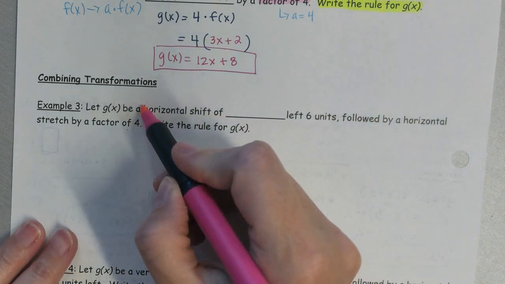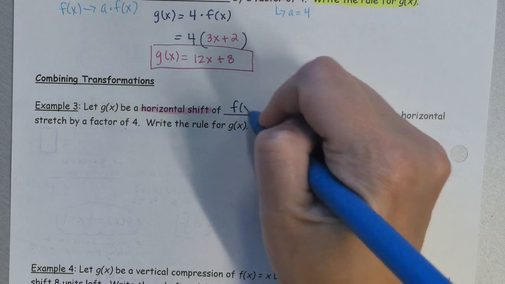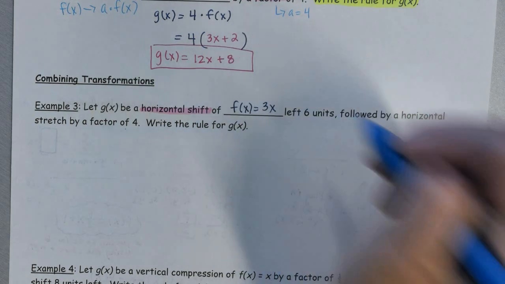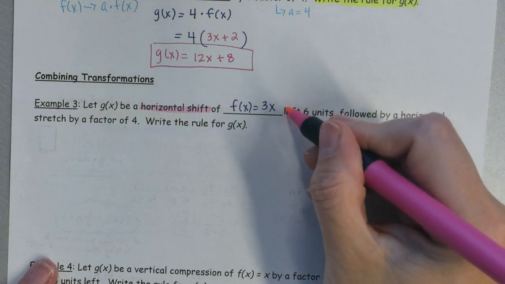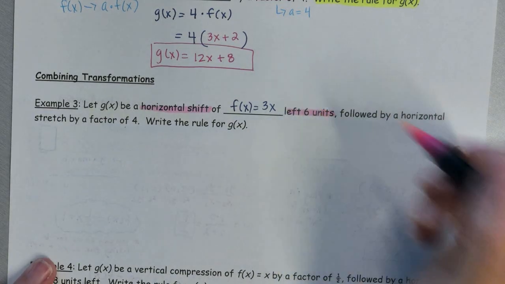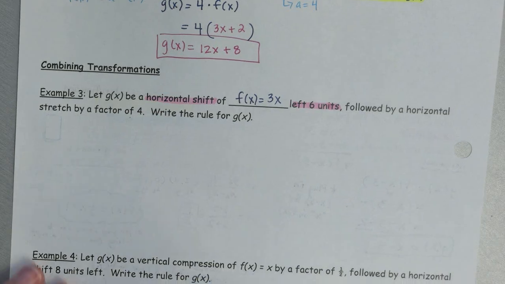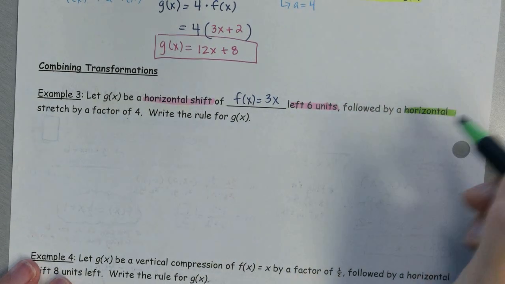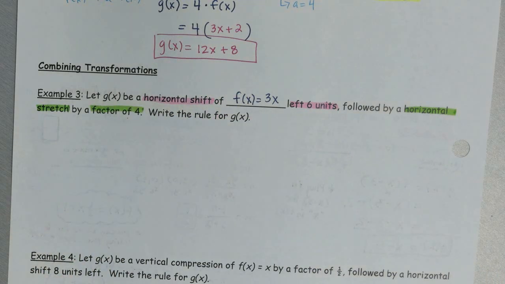So we have a horizontal shift of, and again this will be provided to you, that f of x equals 3x. You're going to be shifting that left 6 units, but now it's followed by a horizontal stretch by a factor of 4, and we're still writing the rule.